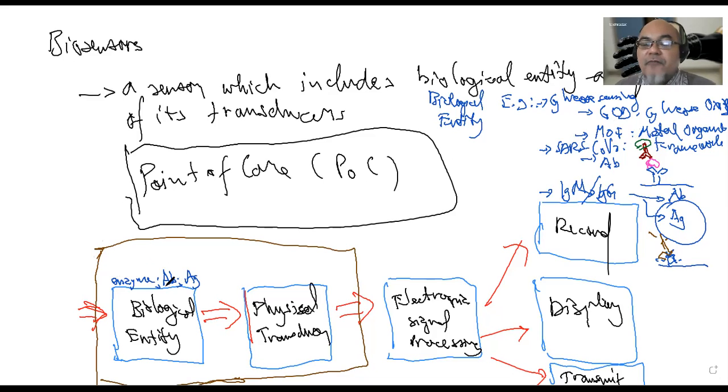When to use enzyme, when to use antibody or antigen? Enzyme is a catalyst basically. Enzyme is a catalyst, while antibody and antigen are biological recognition molecules. In biochemistry, I hope you already learned that enzyme does not bind permanently to the substrate.